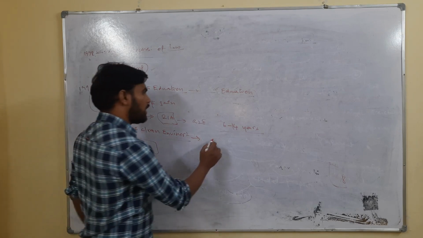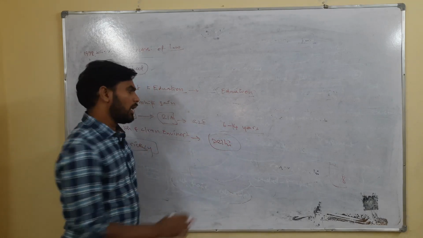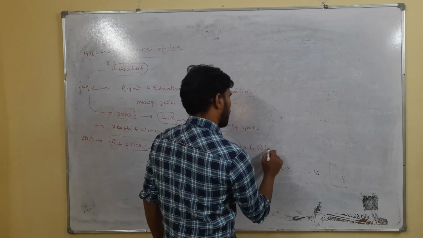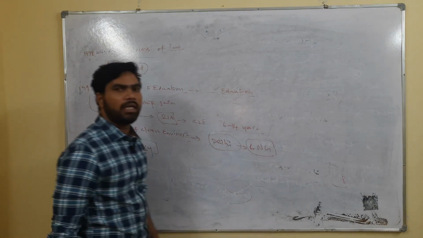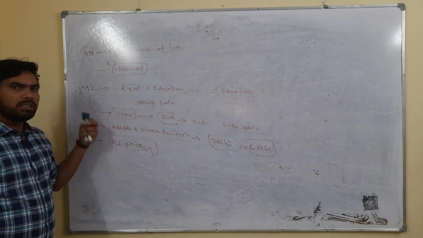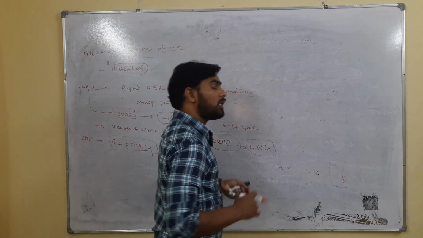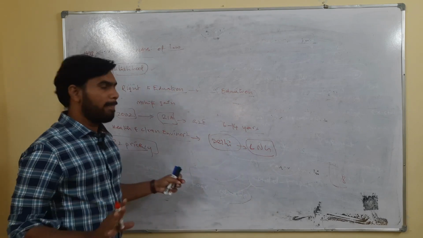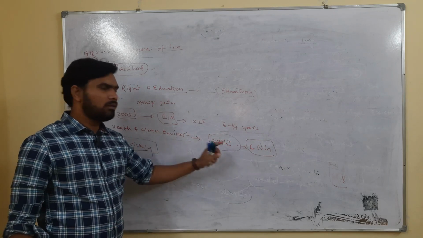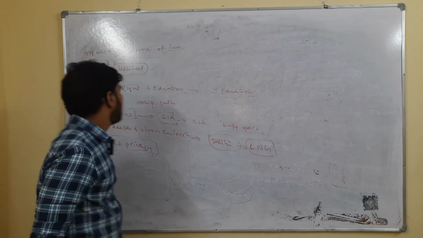In this famous case, MC Mehta challenged the Delhi government's practice of running diesel buses, which was causing huge pollution in Delhi. Because of that, the diesel buses were withdrawn and CNG buses were introduced during the 1990s.